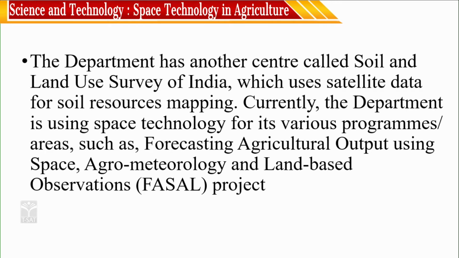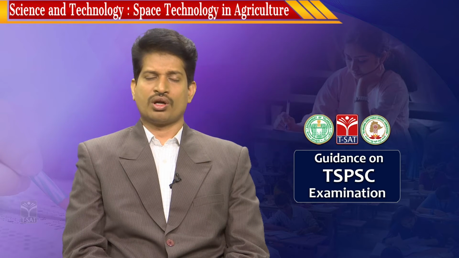So, how can we do this? With the help of satellite technology, you can estimate the extent of agricultural area being cultivated by the farmers. You can identify even the different variant types of crops being cultivated. Apart from this, the extent of area being cultivated will not be sufficient to estimate the product.